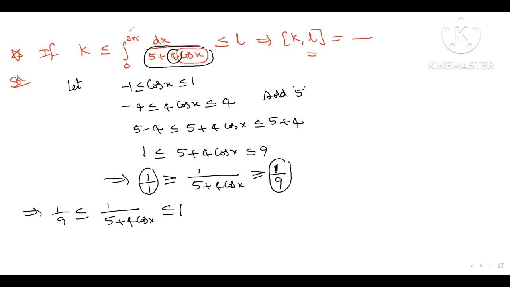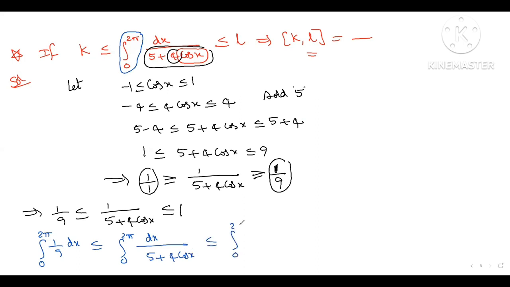Okay, now we should observe the statement. In the statement, integral 0 to 2π intervals are there. Now taking integration from 0 to 2π: ∫₀^{2π} 1/9 dx ≤ ∫₀^{2π} dx/(5 + 4cos x) ≤ ∫₀^{2π} 1 dx.